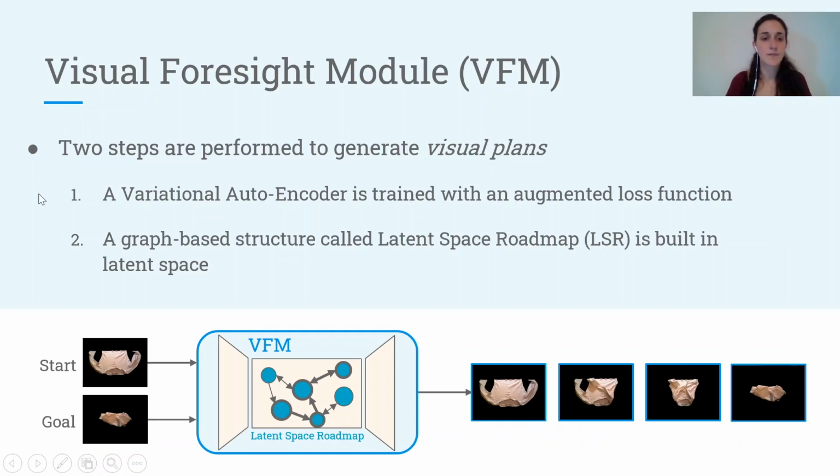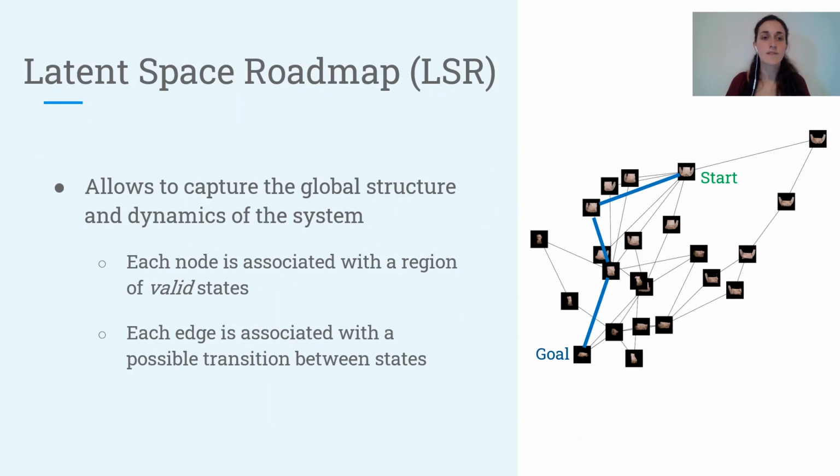And for this purpose, we first train a variational autoencoder with an augmented loss function that is based on the action-no action pairs. And then we build a graph-based structure in the latent space that we call latent space roadmap. And in particular, the latter allows to capture the global structure and the dynamics of the system.